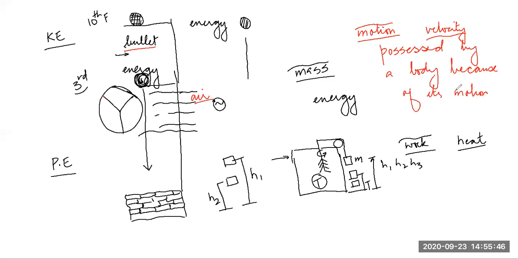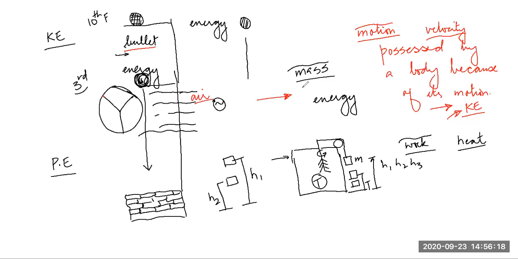So students, the faster a body is moving, the more kinetic energy it has. If a body is moving slowly, it will have less kinetic energy. The word kinetic is related to dynamics. Kinetic means motion, change in position. So the kinetic energy of a body is related to its motion.